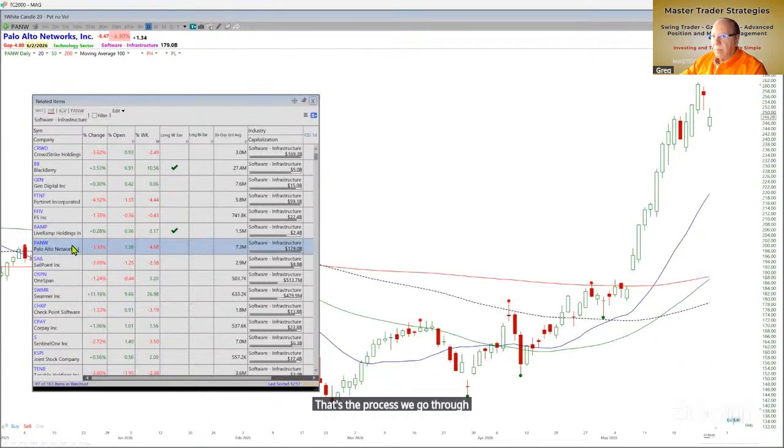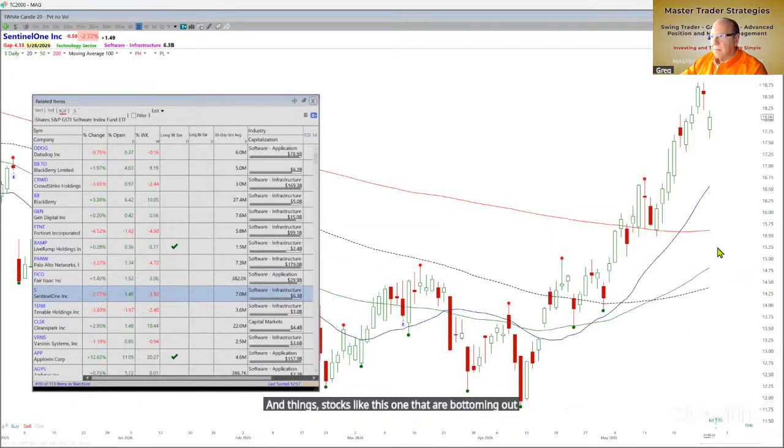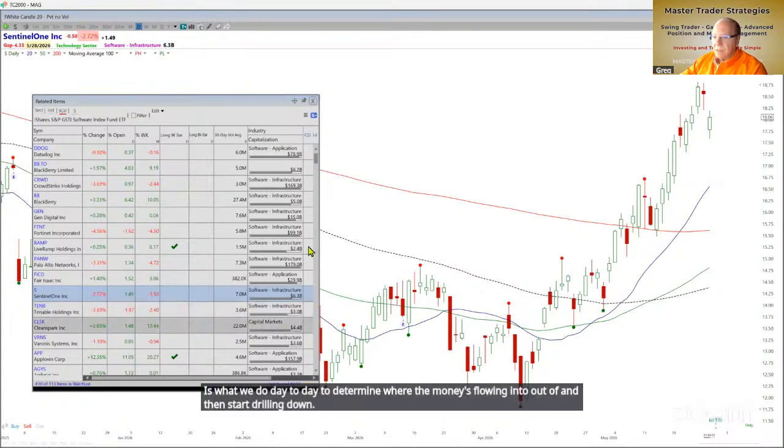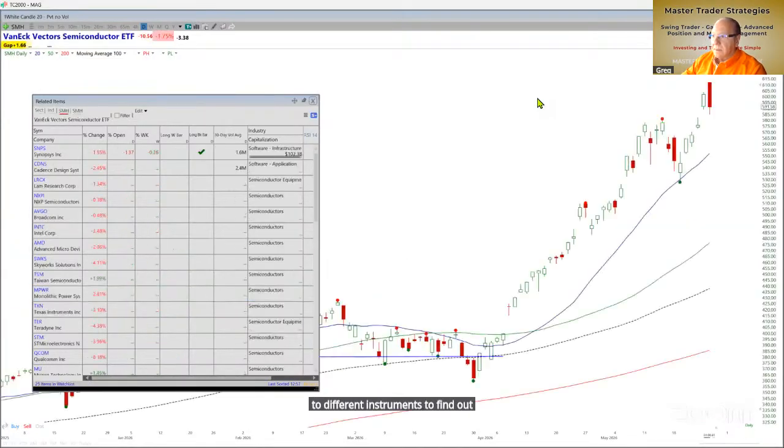And so there are plenty of strong things within here, and stocks like this one that are bottoming out. So different trends, like pullback opportunities, basing opportunities, credit spread opportunities is what we do day to day to determine where the money's flowing into, out of, and then start drilling down to different instruments to find out where there are opportunities.